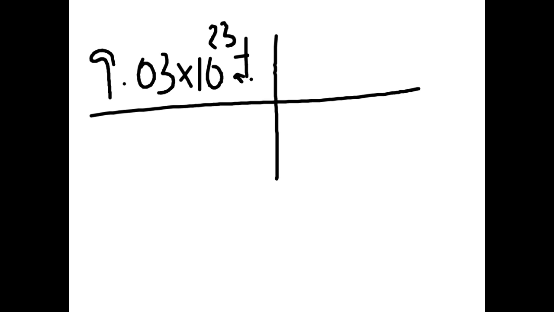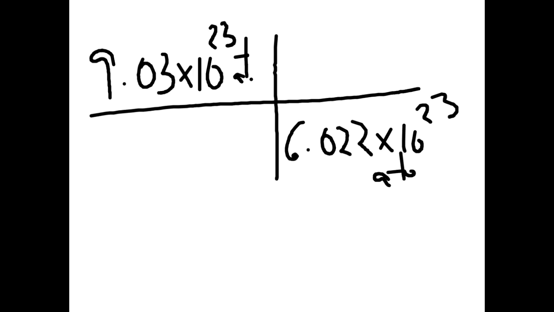Okay, everybody has an idea of what they're doing here? Yes? What should I do next? I always start with what's given. Yes? So it seems to me that 6.022 times 10 to the 23 should go on the bottom. Seems to me that I can figure that much out.